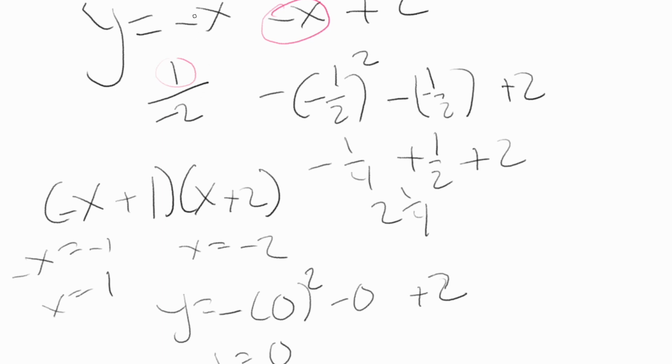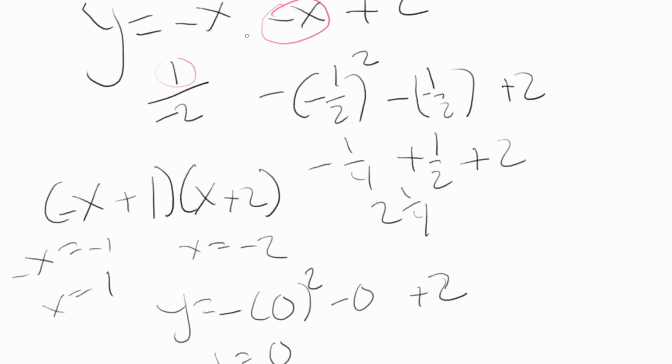Negative 2 right here is just 1 multiplied by 2, but negative 1 multiplied by 2. Then we solve for y with x in the equation, which gets us to 2 1/4. This gives us the maximum of the graph.